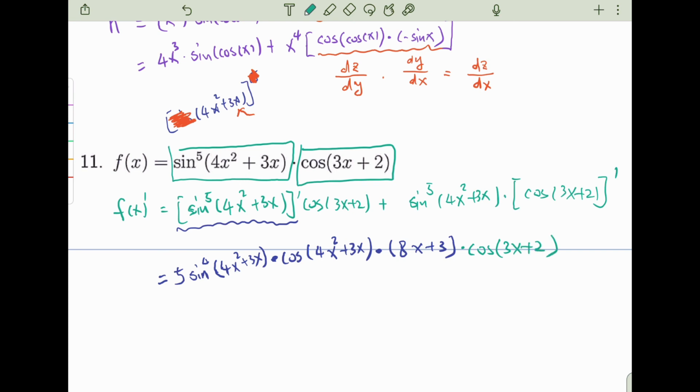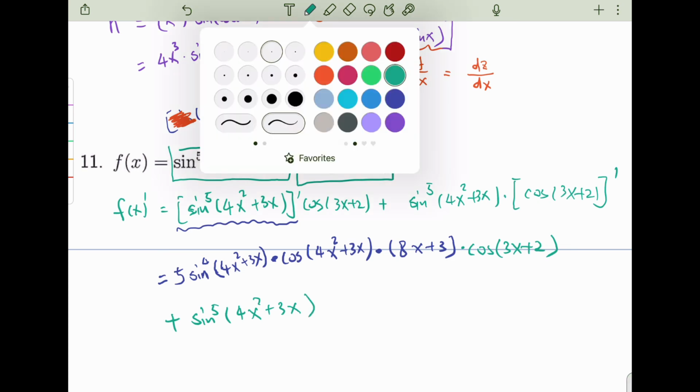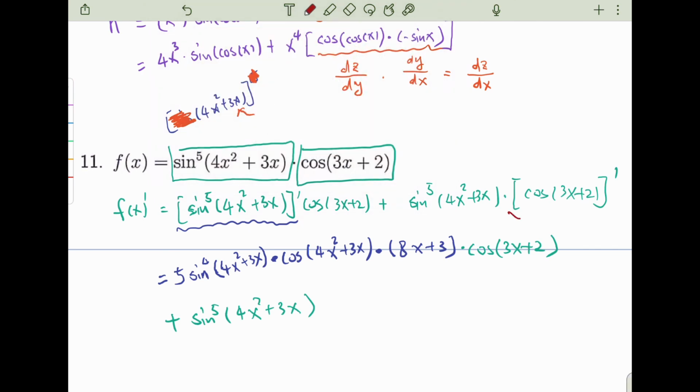That is just the first term of our entire derivative. We need to plus this sine 5 4x2 plus 3x, multiply with the second guy here, and it also requires the chain rule.